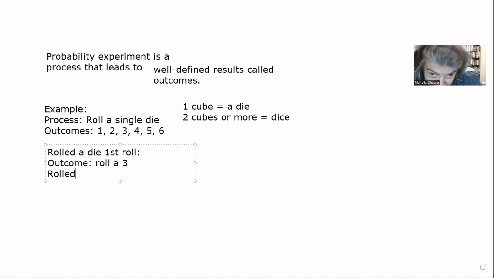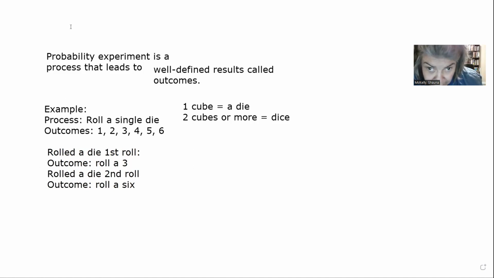We performed the experiment again, and on the second roll, the outcome was a 6. We're going to talk about how to come up with the probabilities later. But this is the difference between an experiment and an outcome.